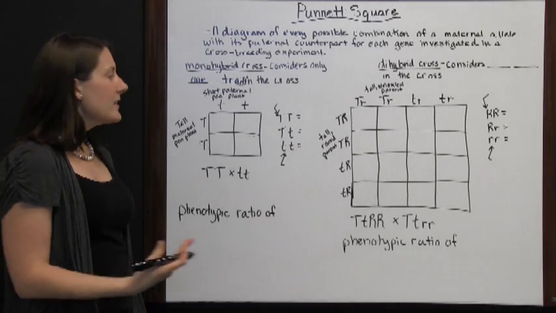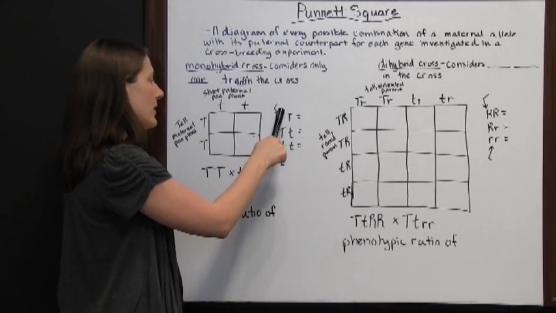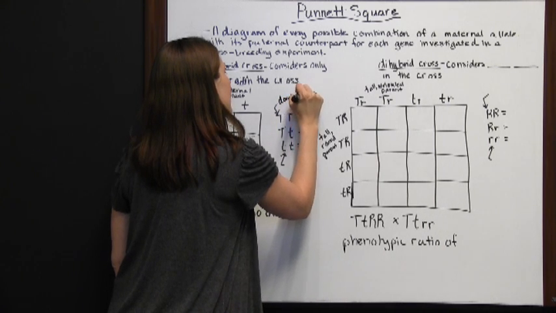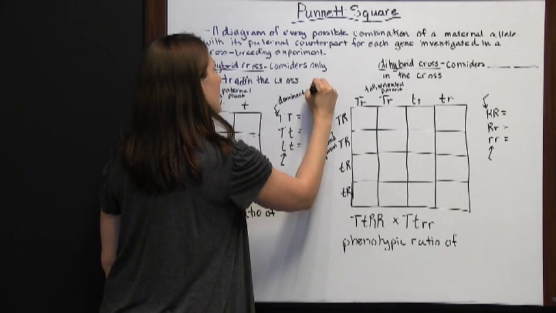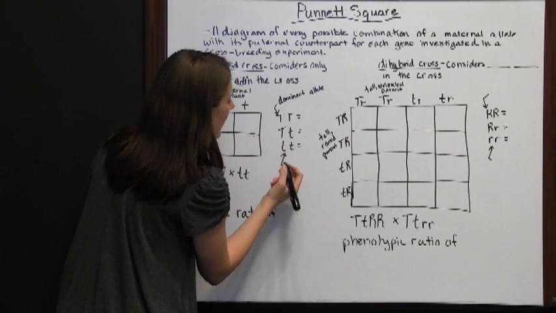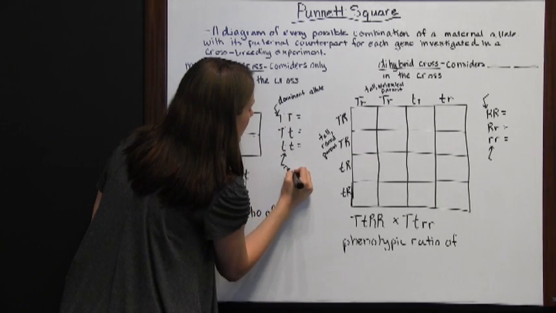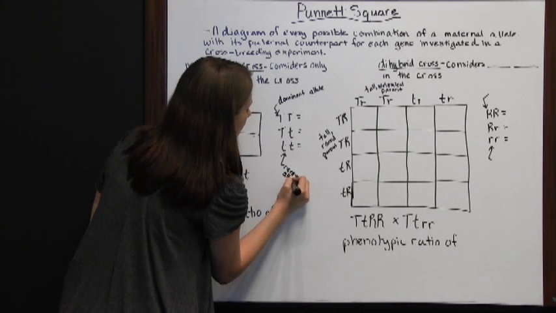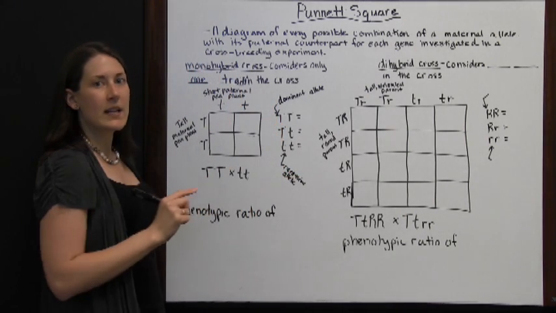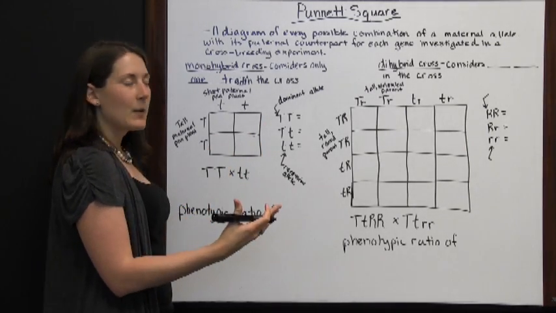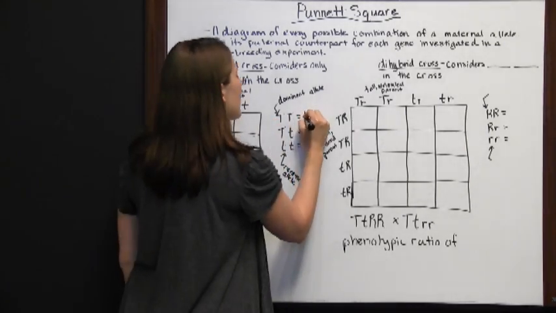So we're looking at peas, and the big T is going to represent the dominant allele, and the lowercase t is going to represent the recessive allele. So since the big T is dominant, anytime the big T is present, it's going to take precedence. So the big T means tall.